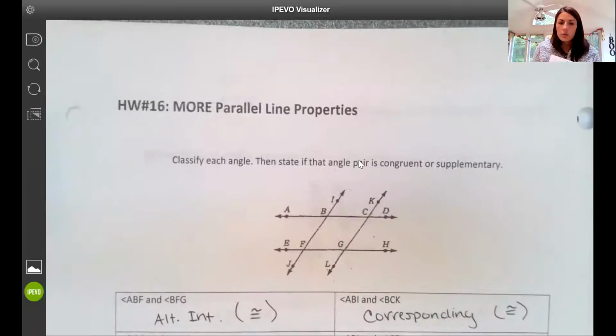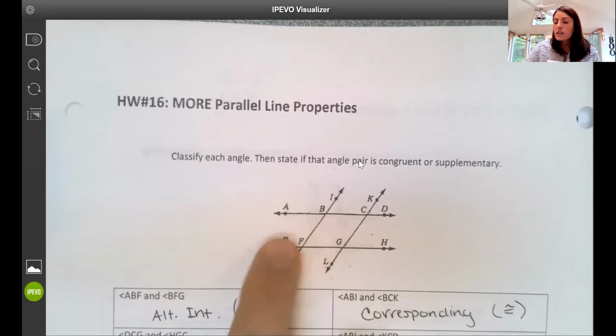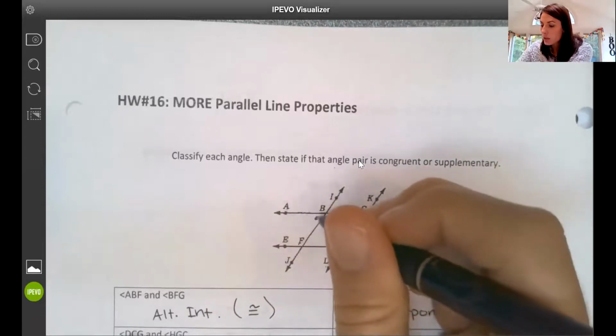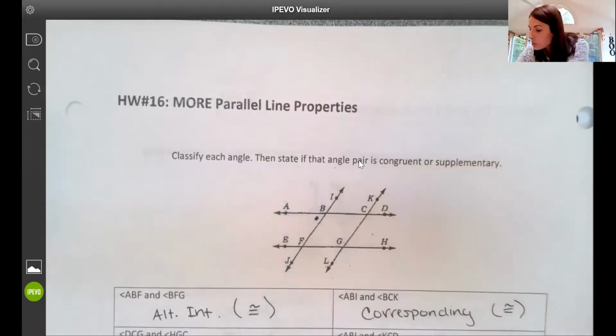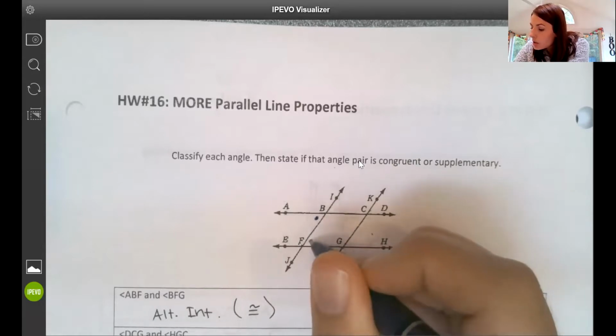Okay? So all it's going to ask you to do, and I can kind of give you like a preview of homework 16, so here's my preview, you can see the beginning ones, is it's going to give you angles, and then it's going to ask what's the relationship, so like the first 2, so if I follow those letters, A, B, F would be here, and B, F, G, B to F to G would be here.